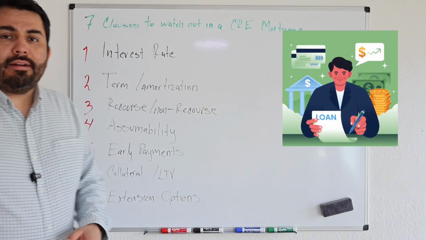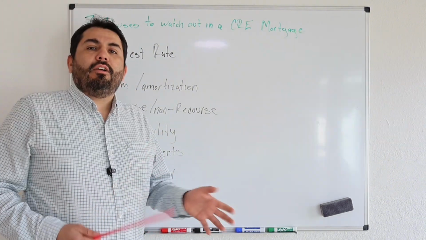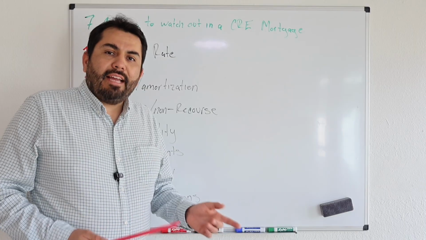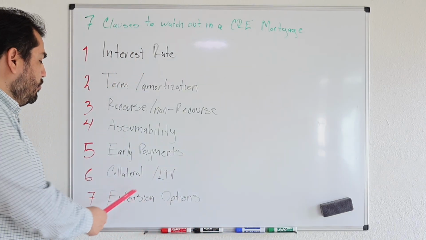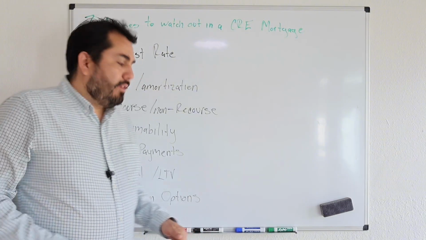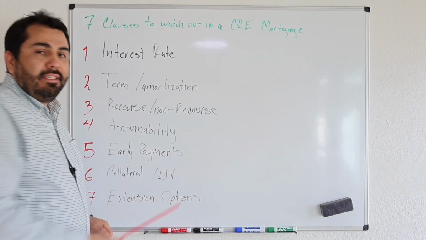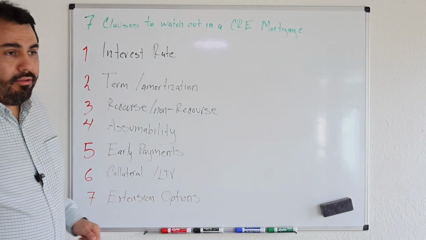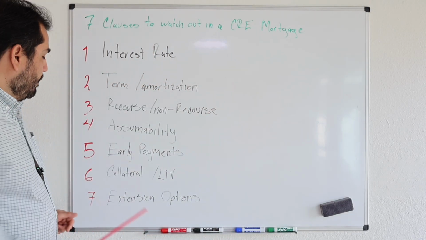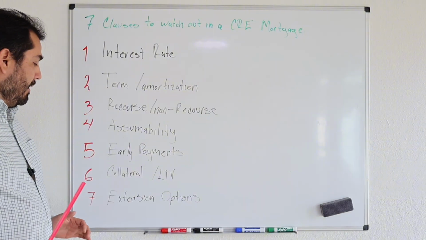But there are other kinds of loans that are called cross-collateralized. That means you can add another property to the collateral, so you can increase the loan to value, so that way they will loan you more. So this is another important thing.